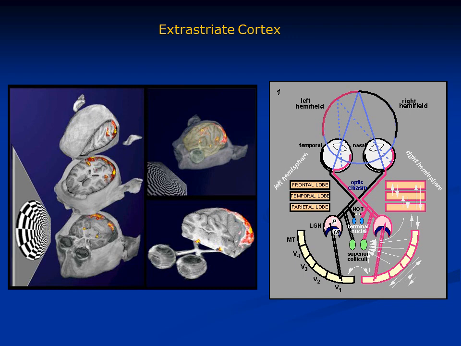Many of the things we've talked about in terms of nasal retina, temporal retina, optic chiasm, LGN, superior colliculi, and then projecting from V1 on up to the parietal lobe, and along the bottom side to the temporal lobe. That's represented there.